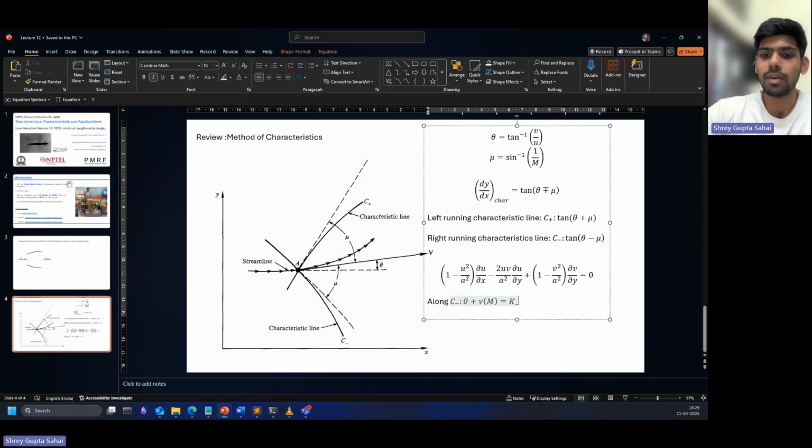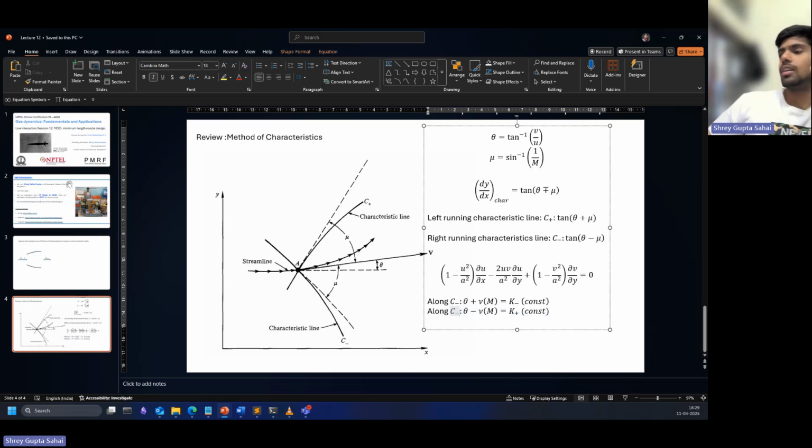K minus is the Riemann invariant corresponding to the right running characteristic, and there's also a left running characteristic C plus, and there it is theta minus mu. So we want to remember this. Now you see that mu is associated with the Prandtl-Meyer expansion, and we'll look at it.